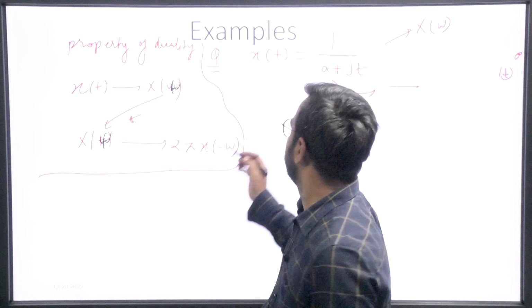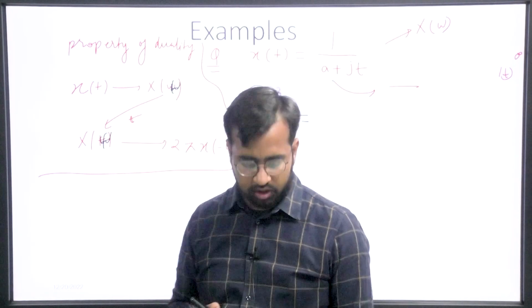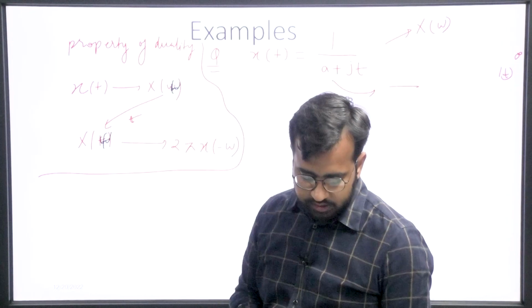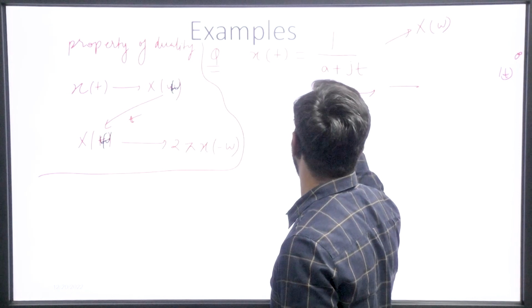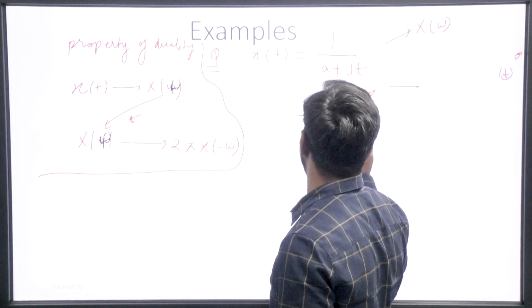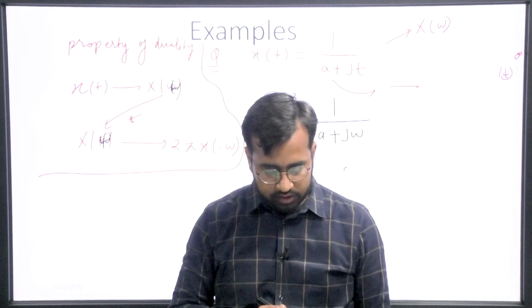Given x(t) is 1 upon a plus j t, and we are required to find the Fourier transform of this function. So, using the property of duality, first we will replace t by omega. So, you will get 1 upon a plus j omega.